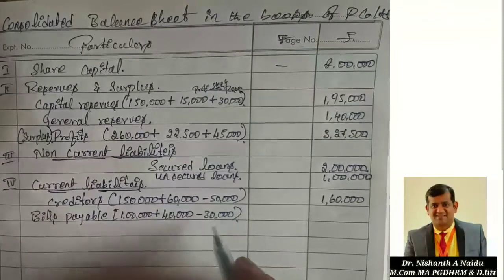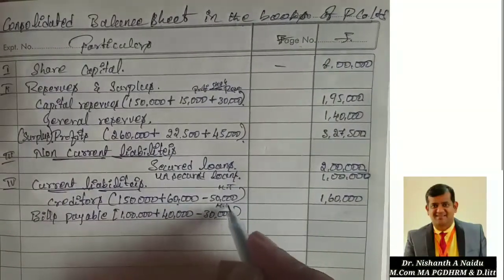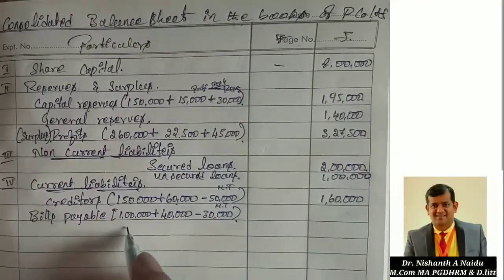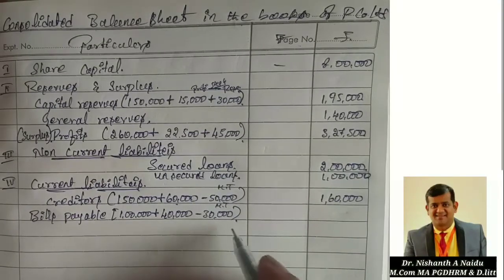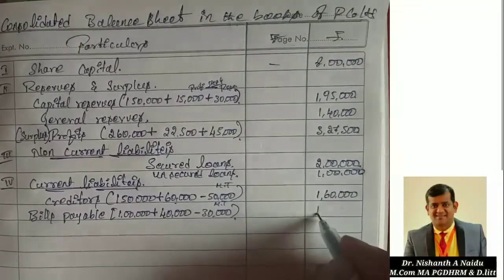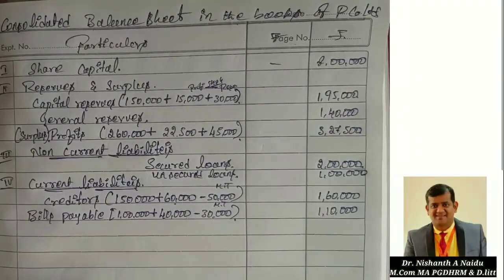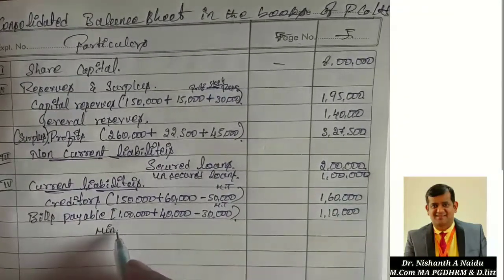What we are doing is called mutual transfer. Both the places it will get deducted. So 1,40,000 minus 30,000, 1,10,000 is the outer column.